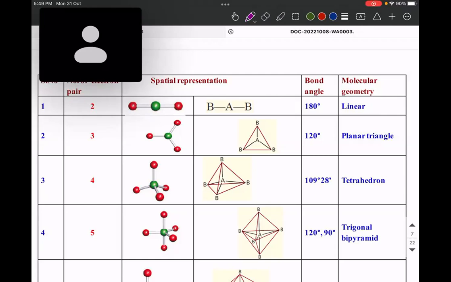The total number of electron pairs you can calculate by dividing the whole thing by 2. Take the valence electrons of the central atom, plus the monovalent atoms attached, minus the number of cations, plus the number of anions. That gives the total value. Divided by 2, it gives the total electron pairs.